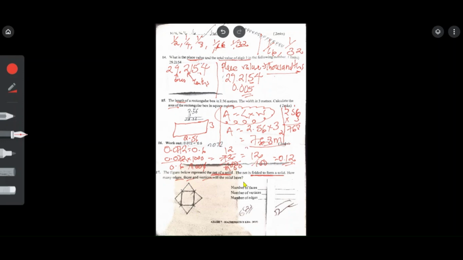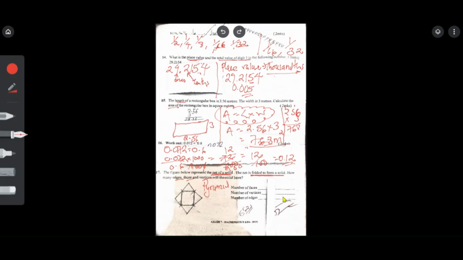Now, first of all, I need to get the solid. I'm not supposed to read this one. I'm supposed to get the solid, and the solid is like this. This one looks like a pyramid. You can Google what is a pyramid, so that you can be able to see how a pyramid looks. So if I draw, this one becomes the base. Let me have some space here for drawing.